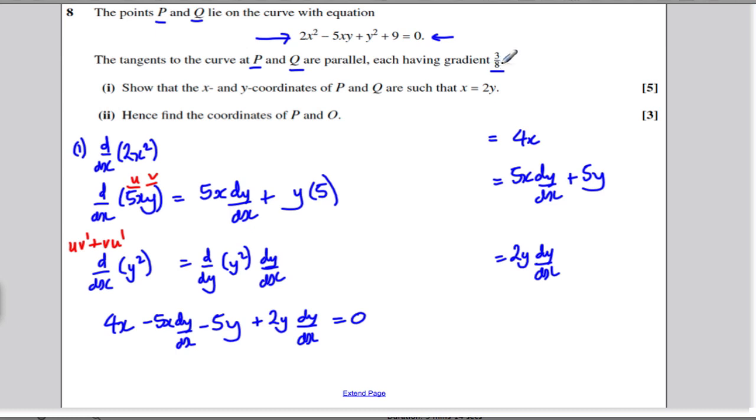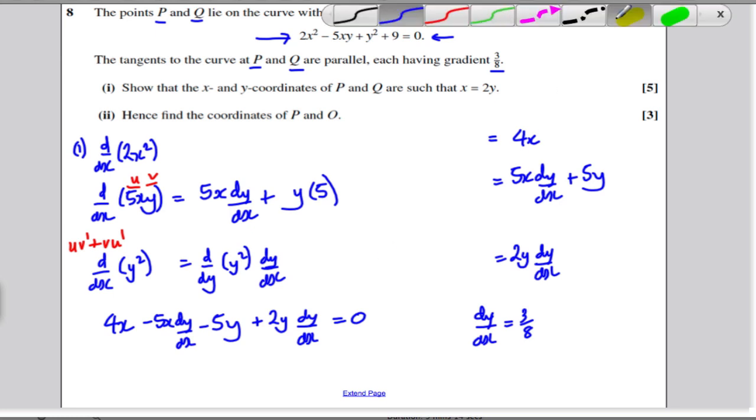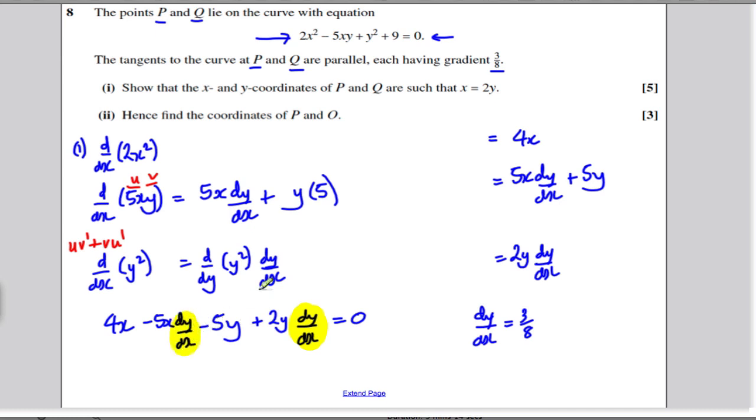Now, we are told that the gradient is 3/8 at P and Q. That means dy by dx at those points is 3/8. So I can substitute in 3/8 for dy by dx here and here, instead of actually making dy by dx the subject. So let's do that straight away. 4x minus 5x times 3/8.